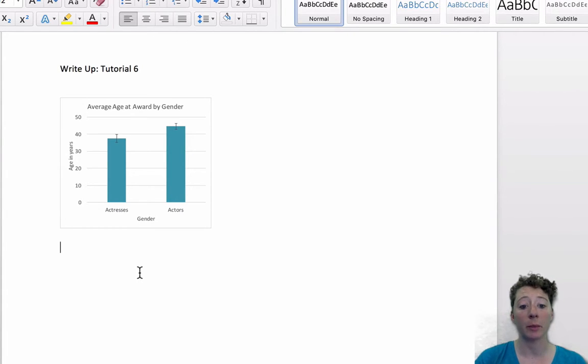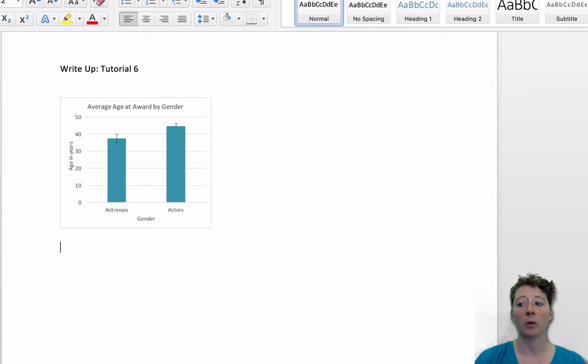We can now do a comparison of the means. We have one categorical predictor variable, gender, and one continuous outcome variable, which is age. In the tutorial, we calculated the t-value for you based on the mean and the standard deviation of each sample group.